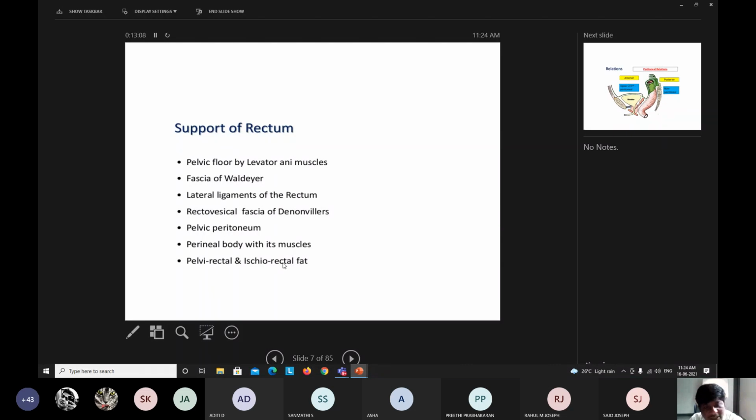So these are the supports for the rectum, anteriorly as well as posteriorly and on either side, right and left.